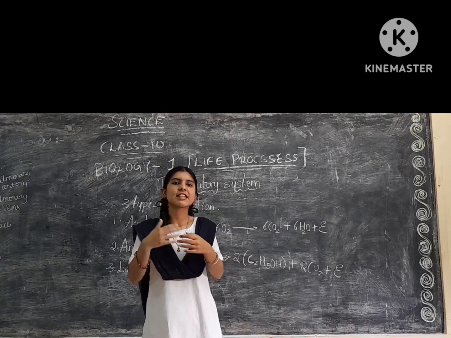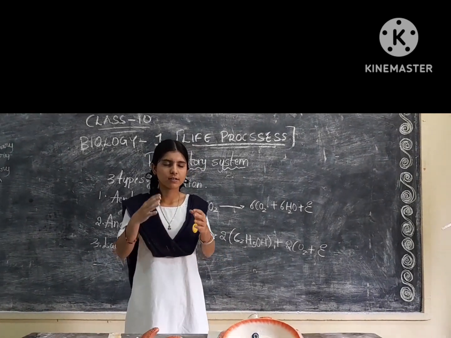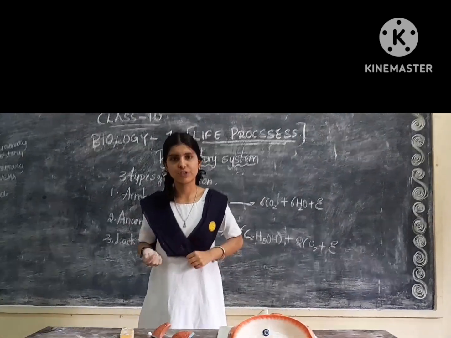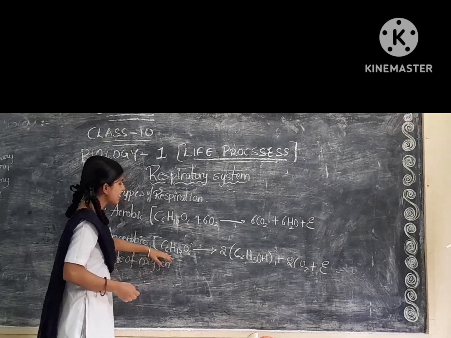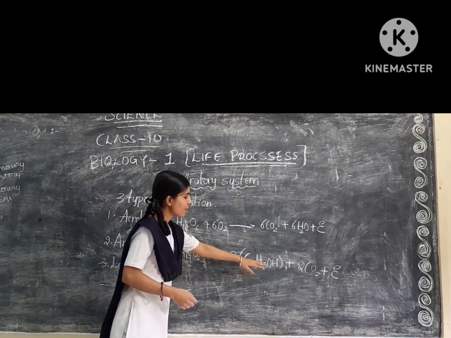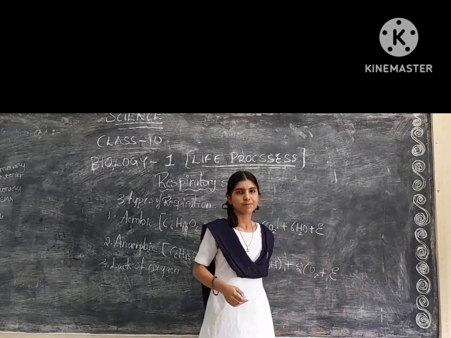The glucose is derived from food. It breaks down into alcohol plus carbon dioxide with the production of energy. This is the formula of anaerobic respiration: C6H12O6 gives 2C2H5OH plus 2CO2 plus energy.